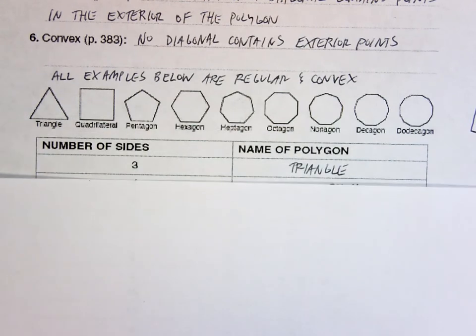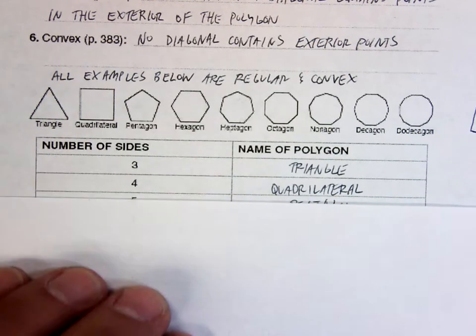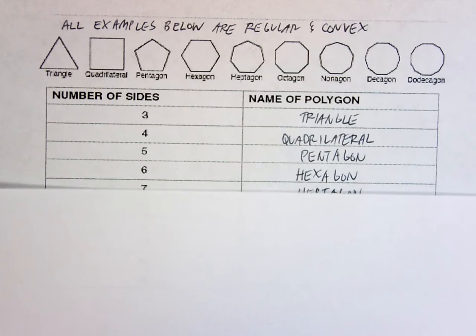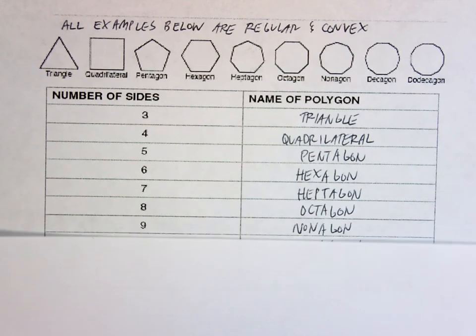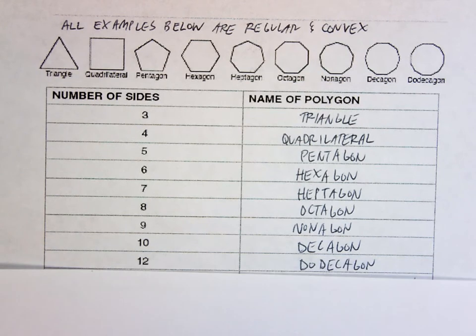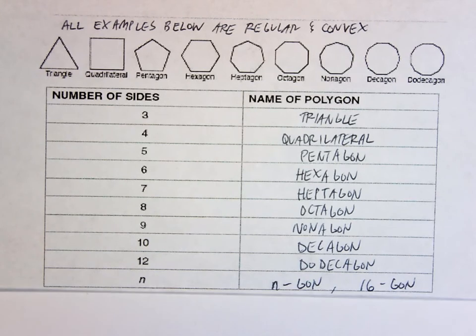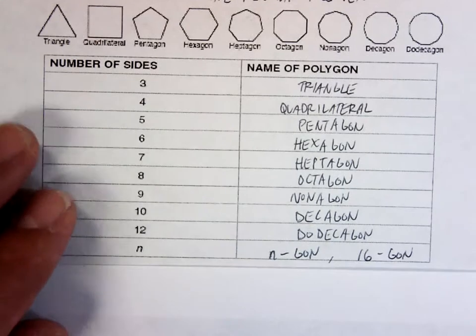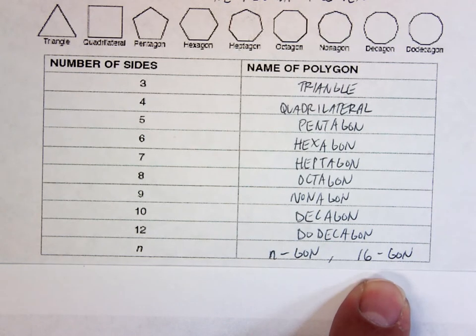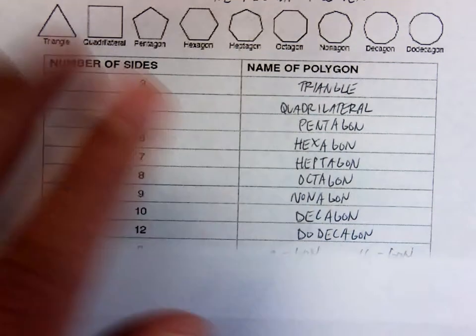It's got 3 sides, triangle, 4 sides, quadrilateral, 5 sides, pentagon, hexagon, heptagon, octagon, nonagon, 10 sides is decagon, 12 sides is dodecagon, and after we get any bigger than that, we just call it an n-gon. For example, if I have a 16-sided shape, we call it a 16-gon. If I have a 19-sided shape, we call it a 19-gon. Pause it if you need to get all those down, please.